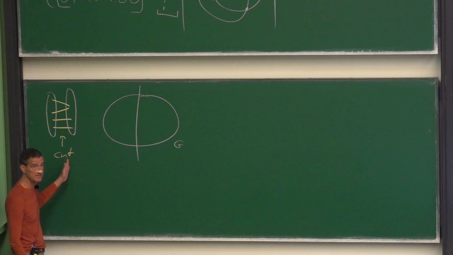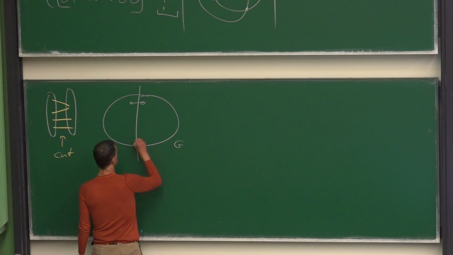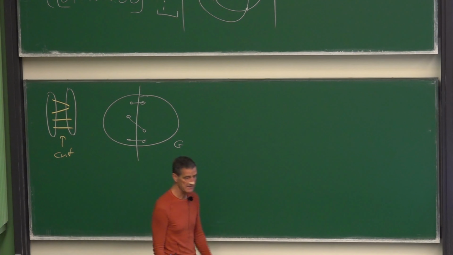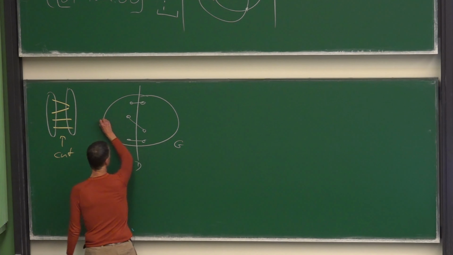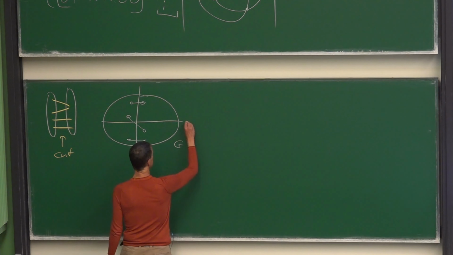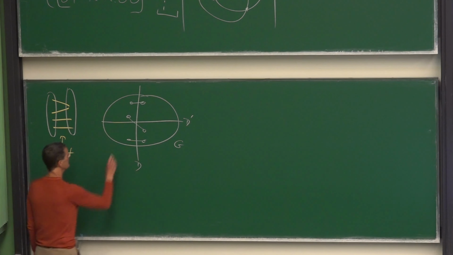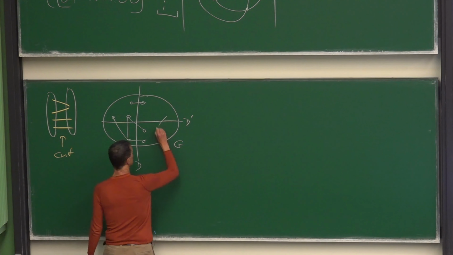So we have all these edges across now, and so on. That's our cut, say D. And then we have another cut, which I indicate by a horizontal line with some edges across it.